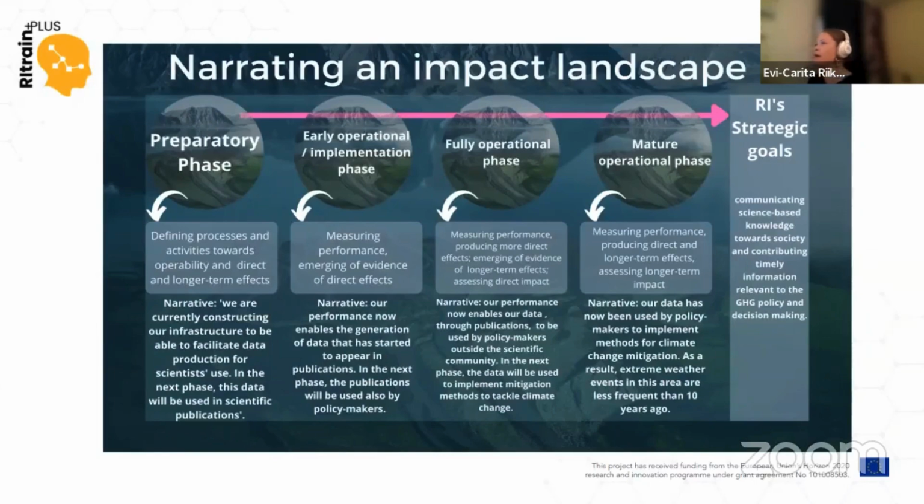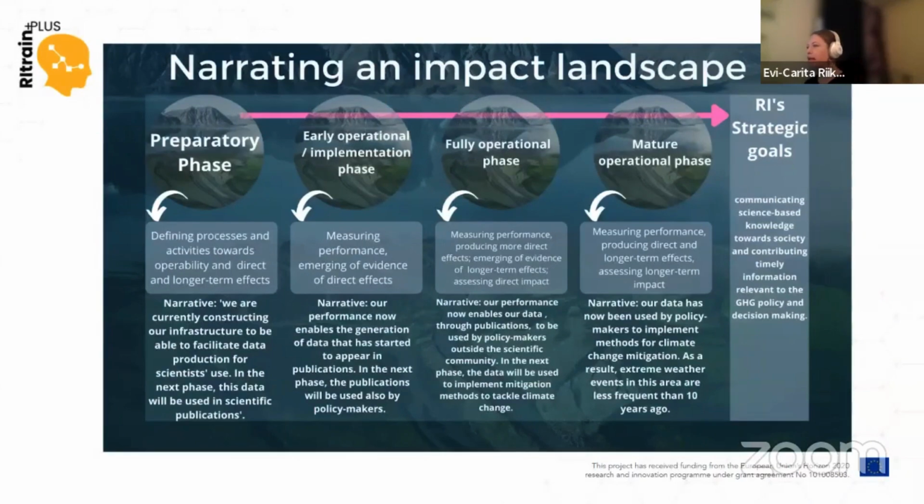So in the preparatory phase, the RI is probably aware that there's a strategic goal saying that we should communicate science-based knowledge towards society. And some stakeholders might say, okay, so how are you doing this? And can we see some evidence? And of course, in the preparatory phase, when RIs are usually defining the processes and activities towards the operability and towards the direct and longer term effects, it's not so straightforward to see how this impact would actually be happening.